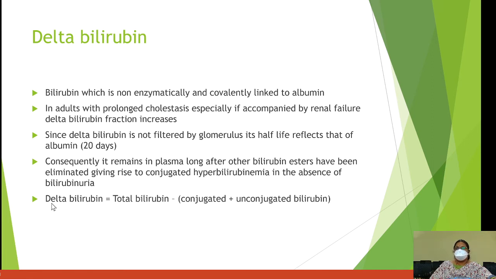So, in our laboratory method, the delta bilirubin can be estimated as total bilirubin minus conjugated plus unconjugated bilirubin. Because total bilirubin gives the value of conjugated, unconjugated and delta. In the estimation for conjugated and unconjugated, we get the values of Bu and Bc. So total bilirubin minus conjugated plus unconjugated bilirubin, we get the value of delta bilirubin.